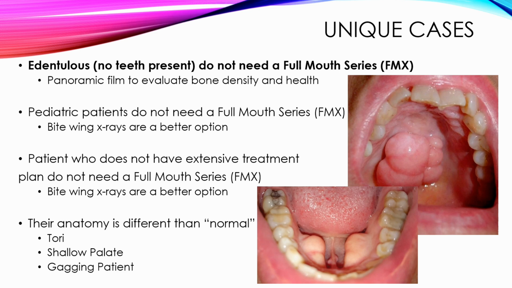When you're taking images with a sensor or a film, you have to be very careful because if you place them on top of these tori, they might cause a lot of pain, which might mean that you need to take an external x-ray instead of the internal x-ray that you would normally take. So when you have a patient, instead of just going by what is on the schedule, really do your research to make sure that you're doing what's best for that individual.